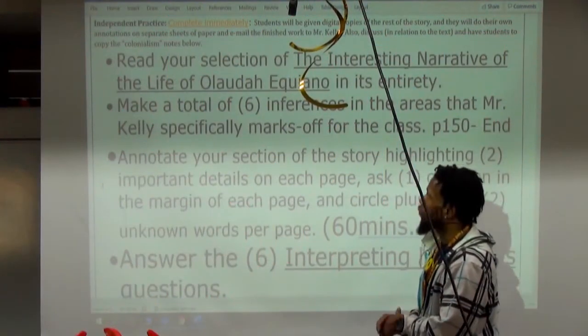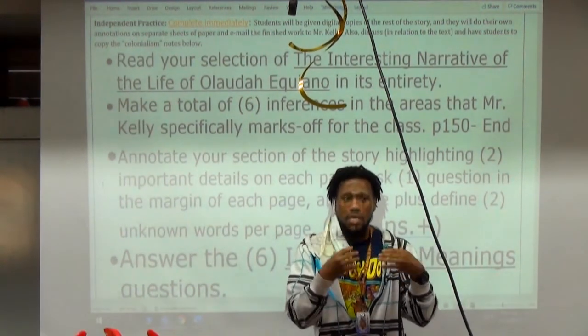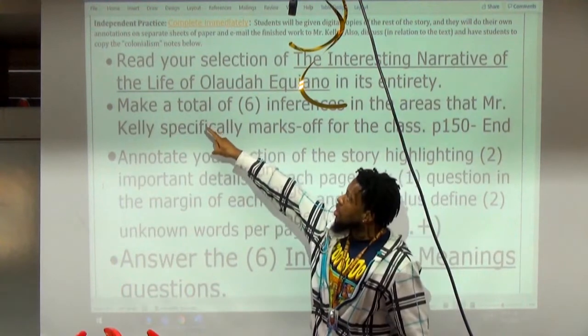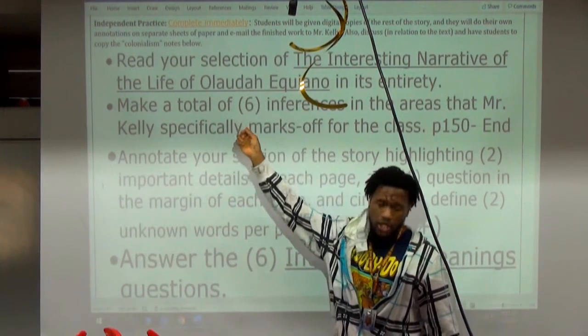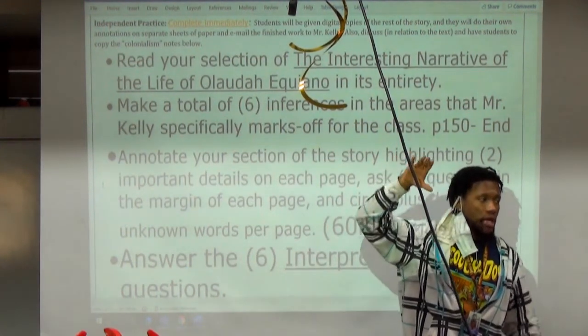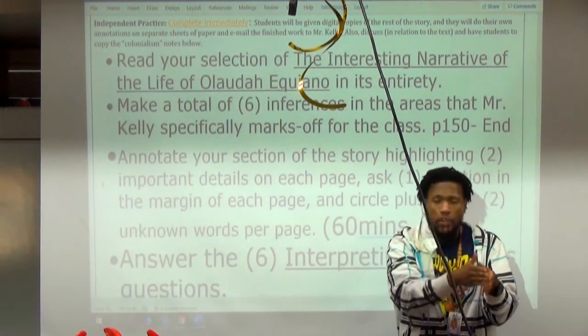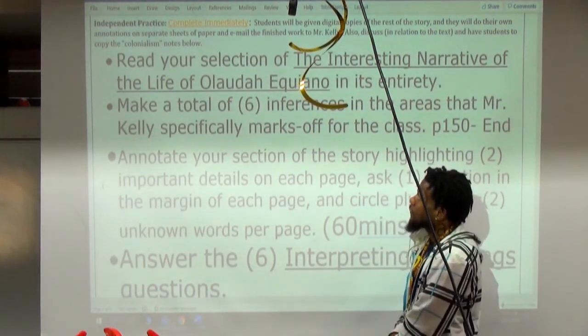So this is what you're doing for the independent practice, and with the independent practice, remember the key word is independent. So you are going to read your selection of the story. Your selection is from that second column on page 150 all the way to the end of the story, which I think goes to 155.